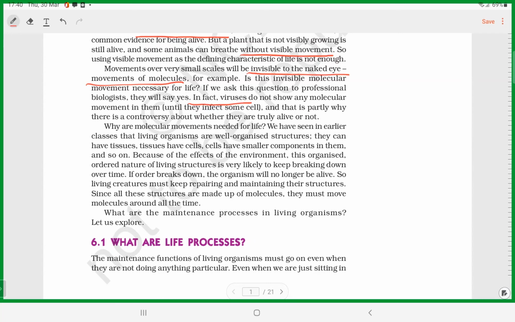Unicellular organism, as we said, you can tell only by its processes. Multicellular organism, by visible characteristics or visible movements and invisible movements, you can tell it is alive. But a unicellular organism only by its functions, what it does. If A is converted into B, yes, there is a living organism. Milk is converted into curd, yes, there is a living organism, you can tell.